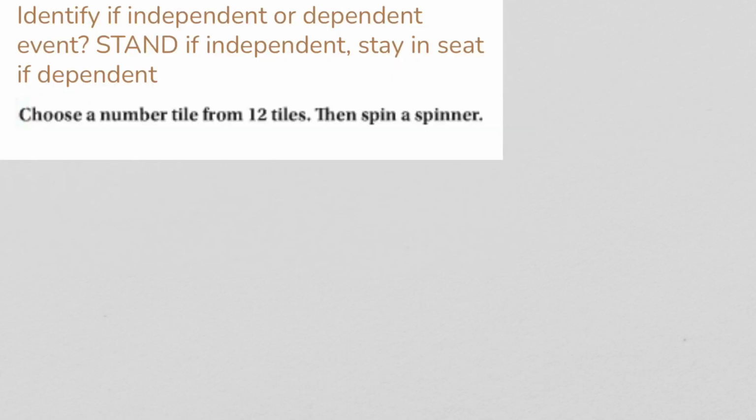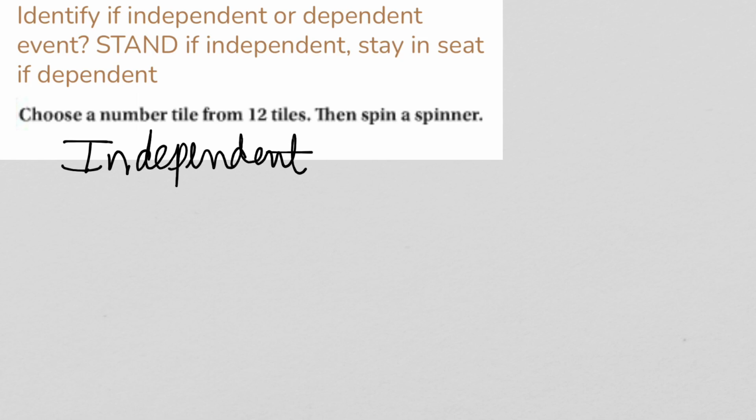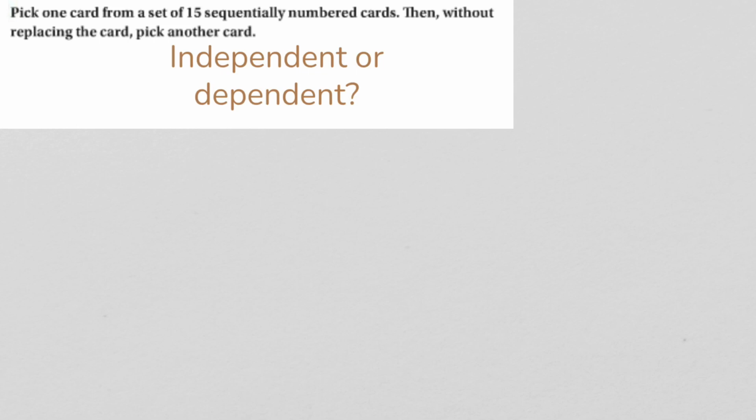Okay, here is the first one. Is this an independent or a dependent event? You choose a number tile from 12 tiles, then spin a spinner. Definitely independent. These two things are different from each other. Next one. You pick one card from a set of 15.